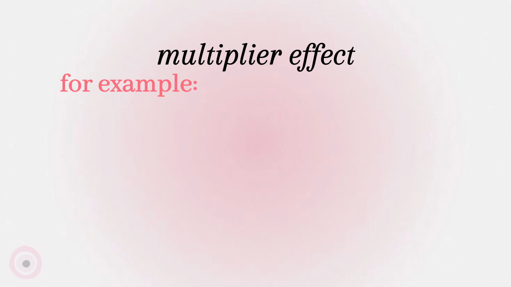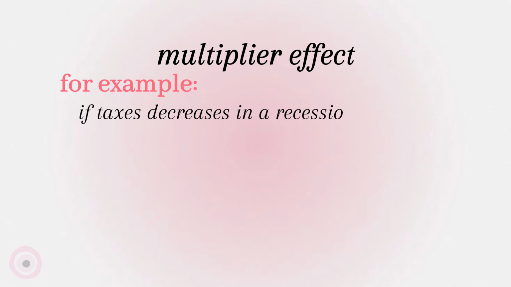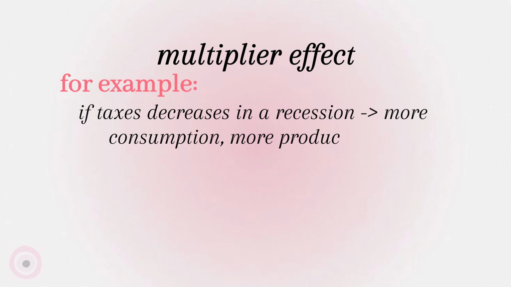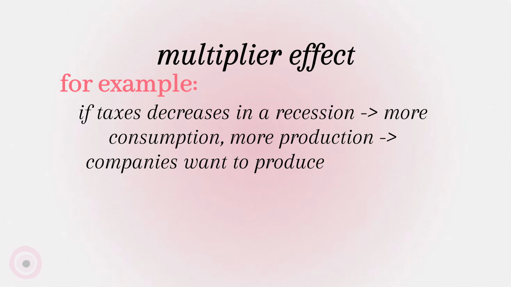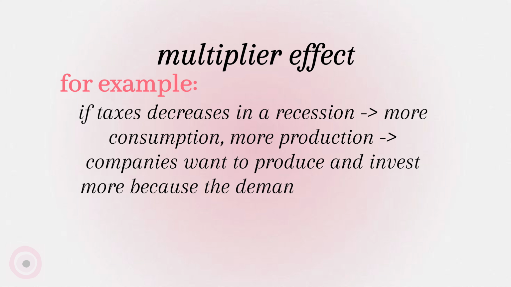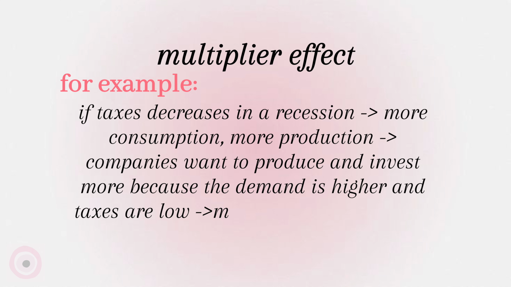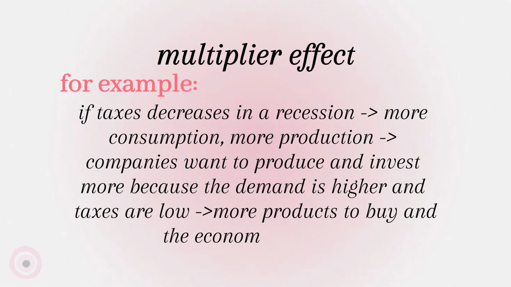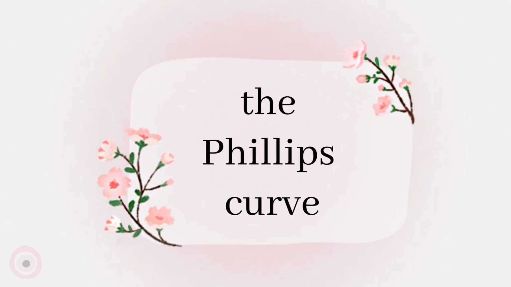For example, if the government decreased the taxes during a recession, this will lead to higher consumption, which therefore leads to more production and makes companies want to produce and invest more because the demand is higher and the taxes are low, which leads to more products to buy and the economy is rolling and there's a circulation in the economy again.